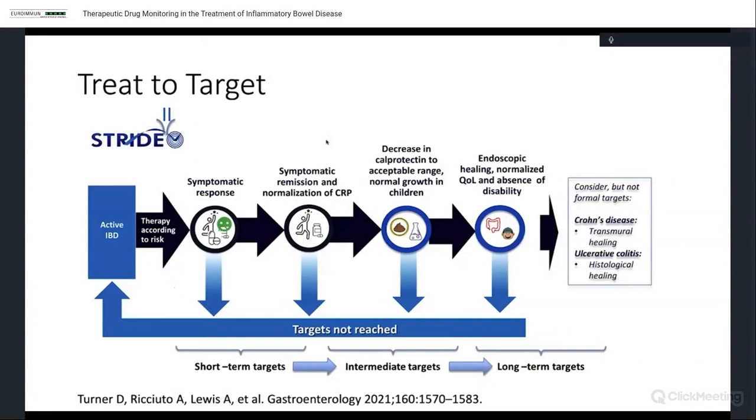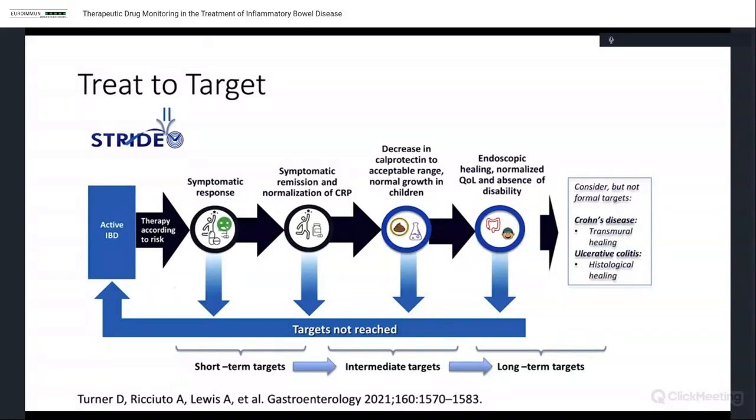And so we in the IBD community have now adopted a treat-to-target approach, where in patients with active IBD, yes, of course, we have a treatment goal of improving symptoms and improving quality of life. But more than that, we want to treat to reduce or suppress inflammation.